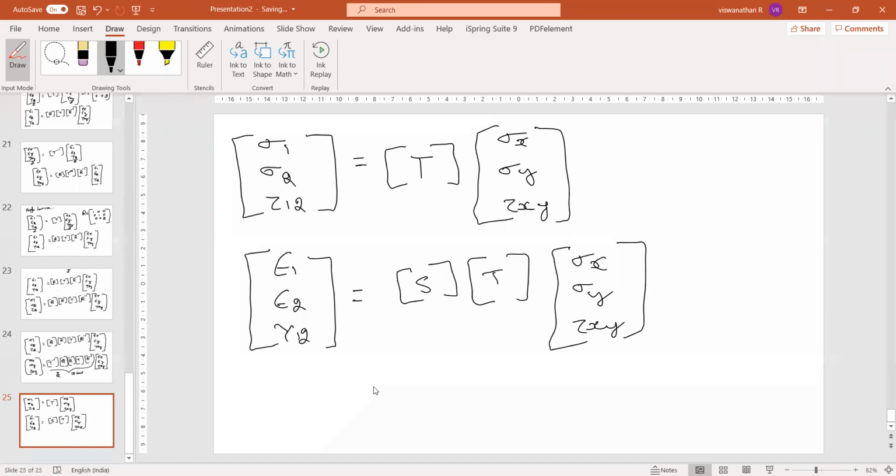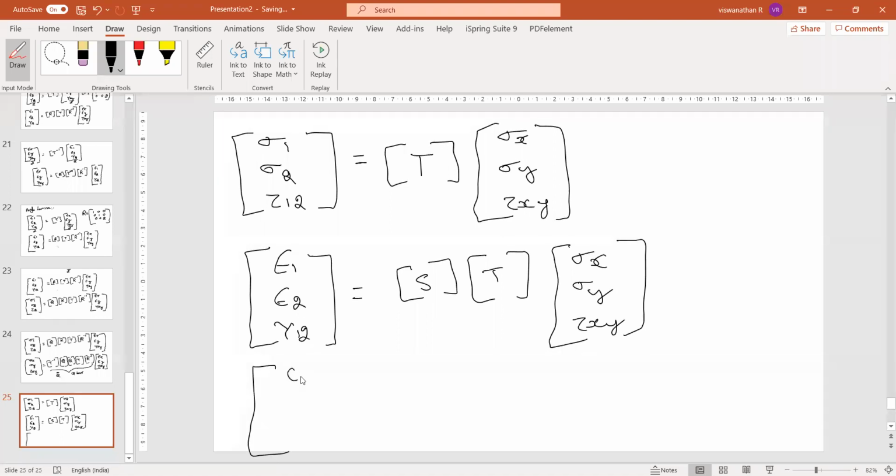Now another step. I have local strains here. I want global strains. I want a relation between global strains and global stresses. So what should I do? I have epsilon x, epsilon y, gamma xy is equal to, what will give me this? What is the relation between global strains and local strains?